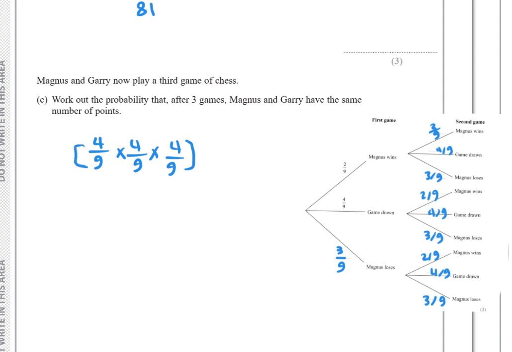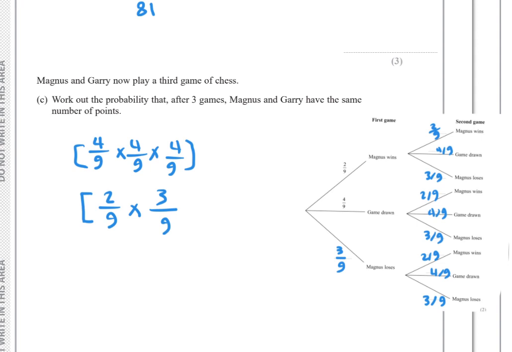Or Magnus wins 1 game and Gary wins 1 game and drawn in the third game. So we can write that like Magnus wins 1 game, so 2 over 9. Gary wins 1 game, so 3 over 9.